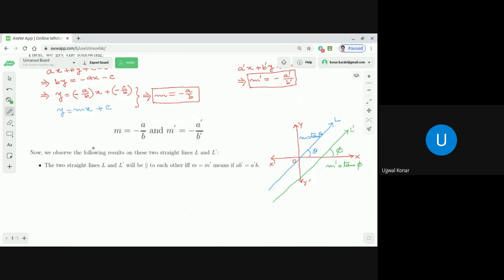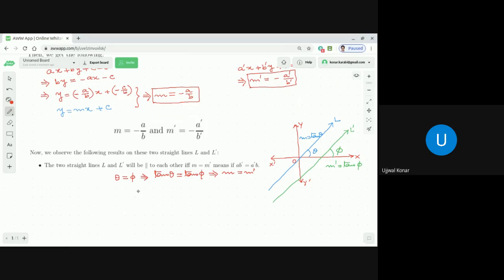Correct now, dear students? As the straight lines are parallel, definitely theta has to be equal to phi. Theta equal to phi means the value of tan theta should be equal to the value of tan phi, and tan theta is nothing but m and tan phi is equal to m dash.